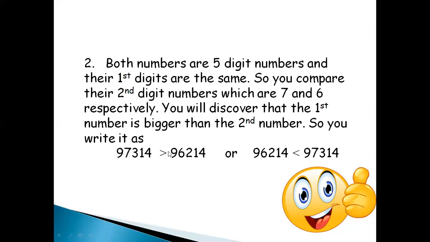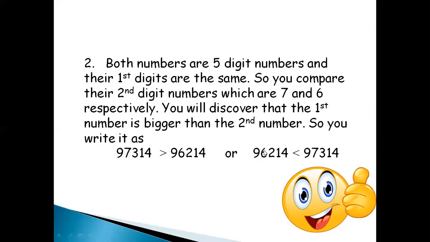So what do you do? You move to the second digit and compare. This is 7 and this is 6. And you know that 7 is bigger than 6. So that means this number is bigger than this number. So that means 97314 is greater than 96214.